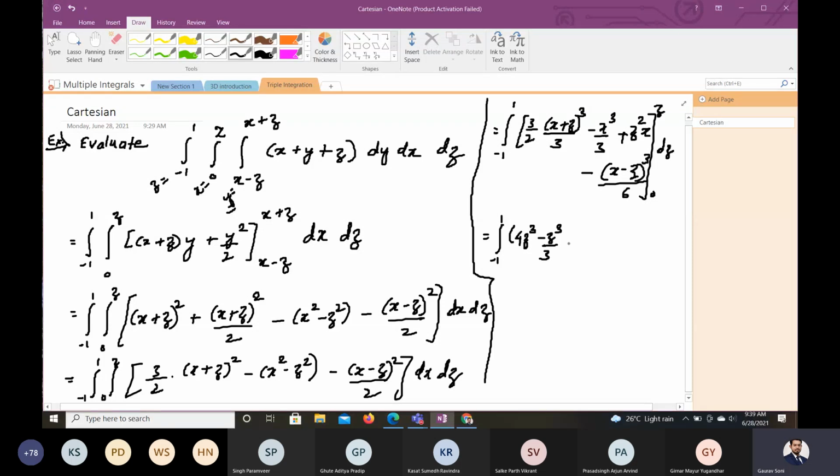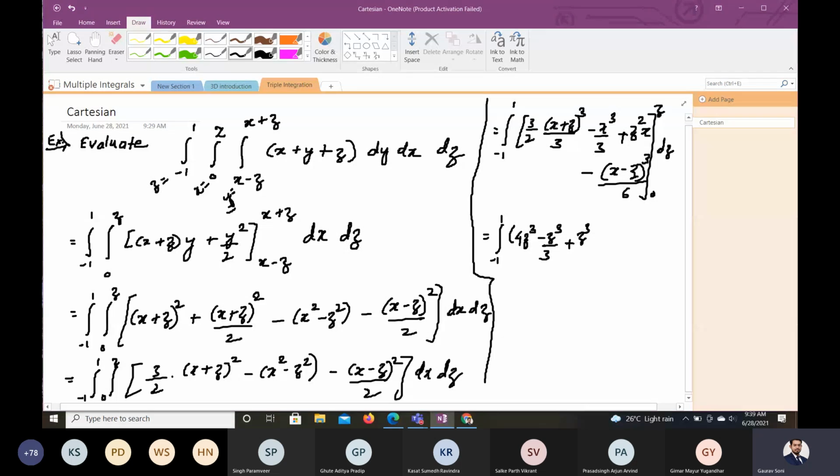Next term is plus z cube. And the last one, z minus z will turn out to be 0. You can see that x minus z is there, so that term will become 0.